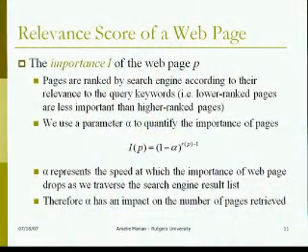So the score of a page is based on the importance of the page. As I mentioned, the only information we have on the importance of the page, because we don't have access to the underlying search engine results, is the rank of the page in the search engine query results. If we had access to some scoring information, we could have some more fine-grained scores.